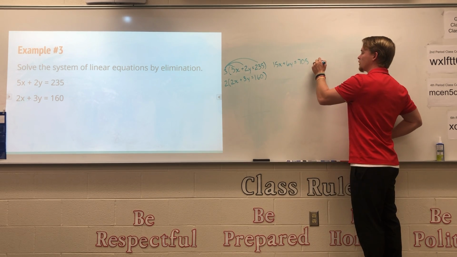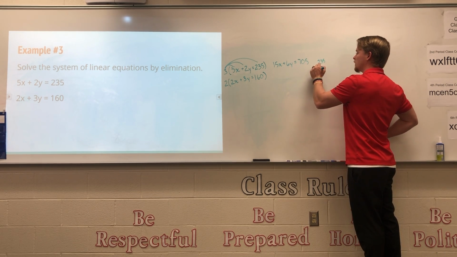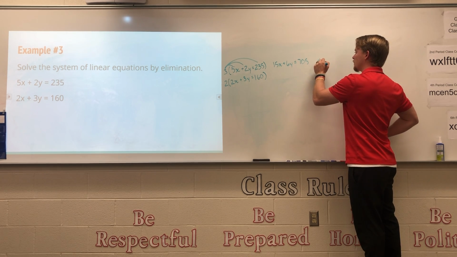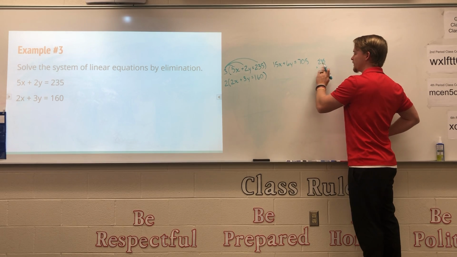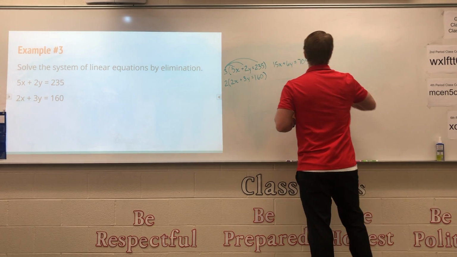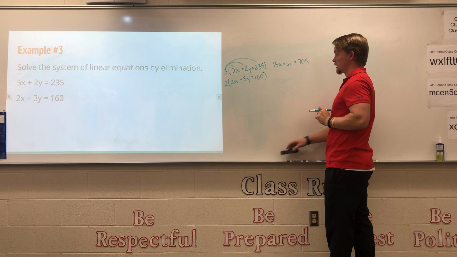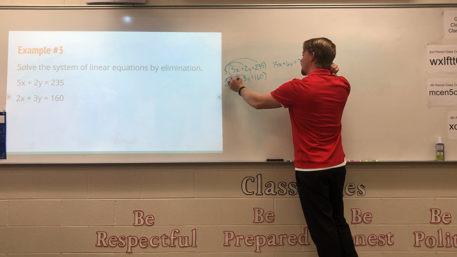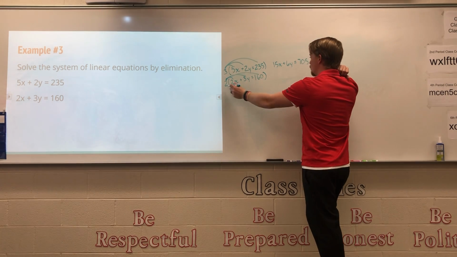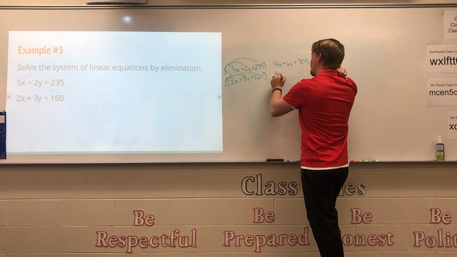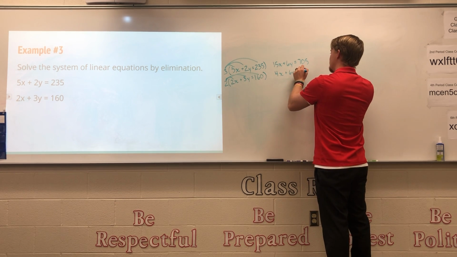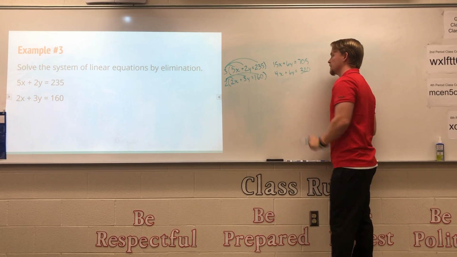Let me check my math on that real quick. 235. Yep, 705. Okay, so that is my new top equation. And in my bottom one, again, I'm going to take my constant and multiply it by each term. So we have 2 times 2x is 4x, 2 times 3y is 6y, and 2 times 160 is 320.